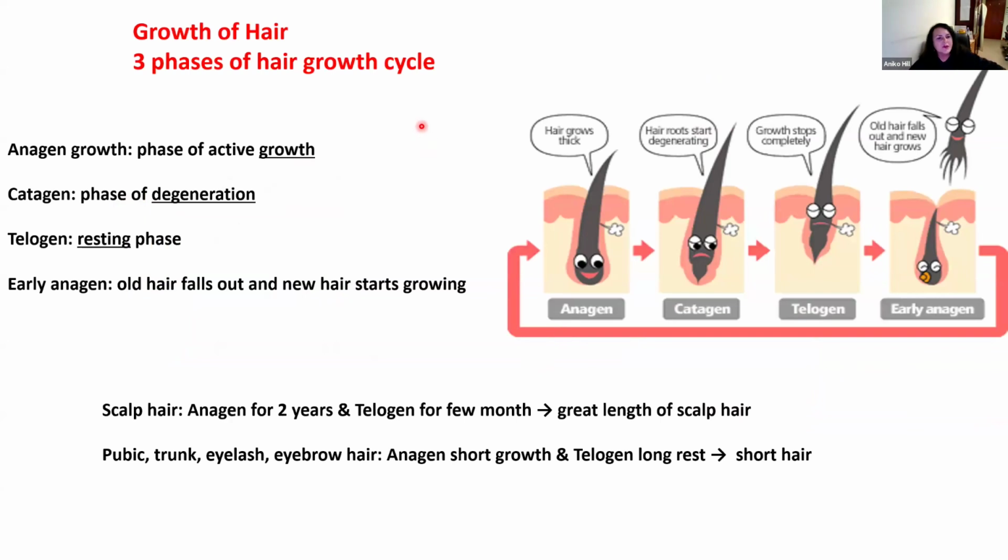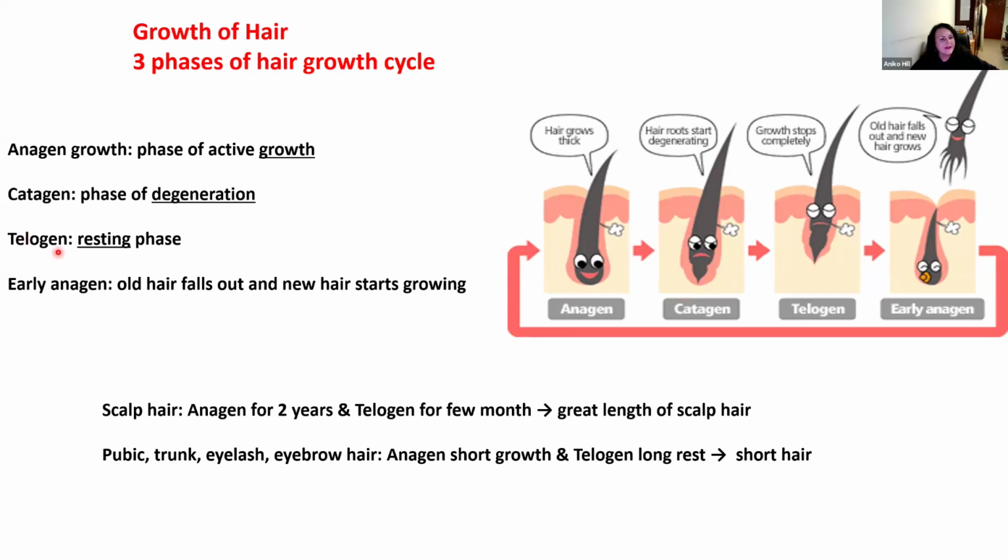Now, I wanted to also introduce you to the growth of hair as it goes through 3 phases continuously in cycles. So the anagen is when the hair is actively growing and getting thicker, getting stronger. The catagen, which is written here, is where the hair follicle and the hair start degenerating.